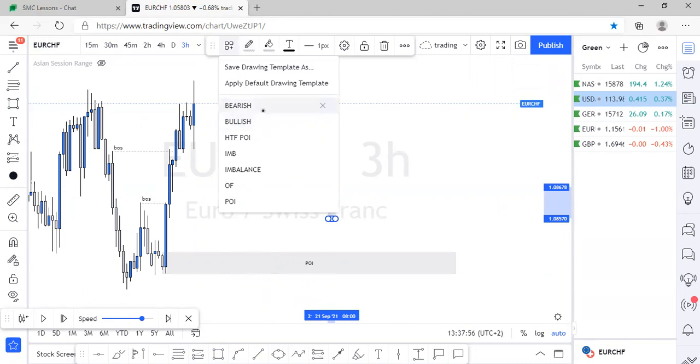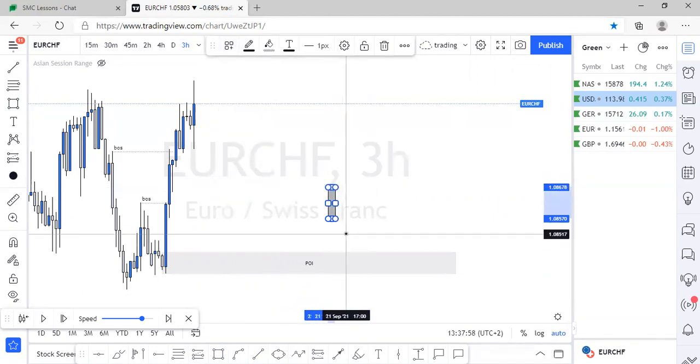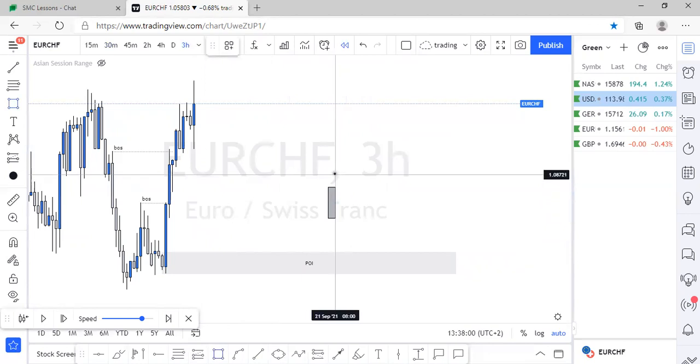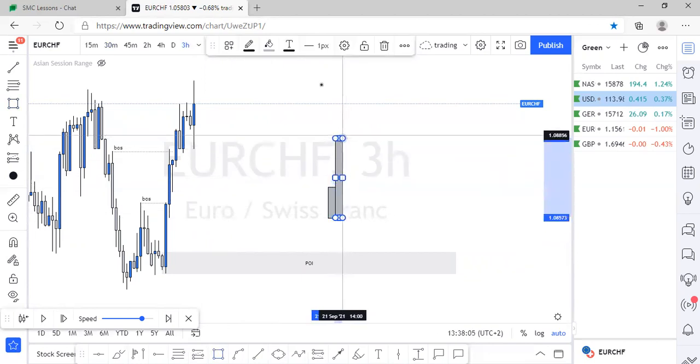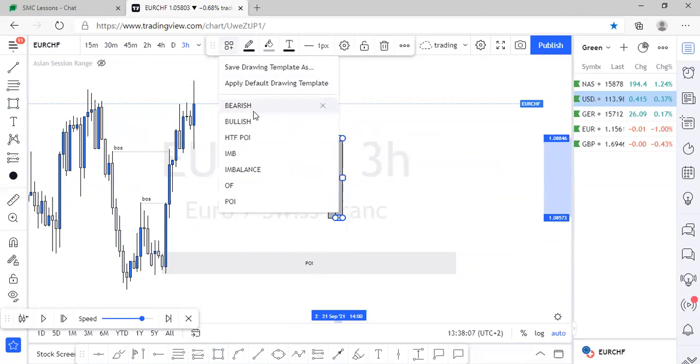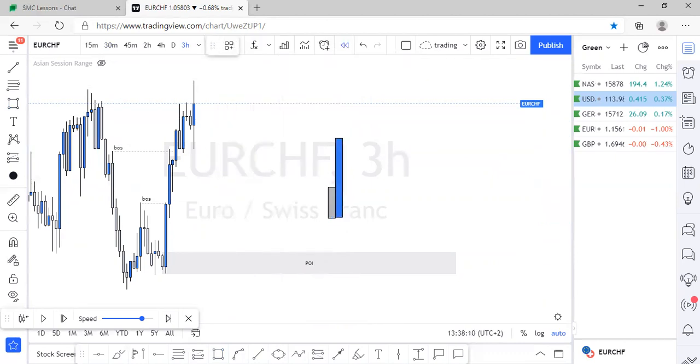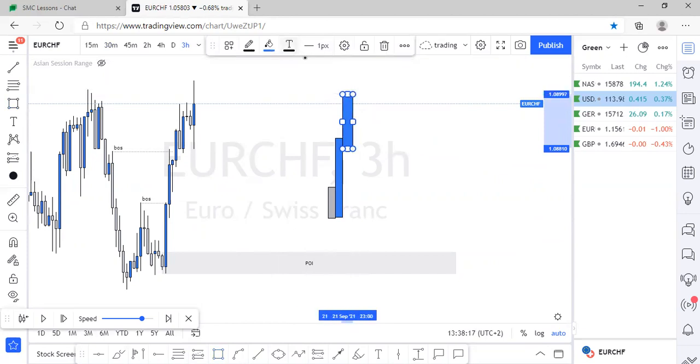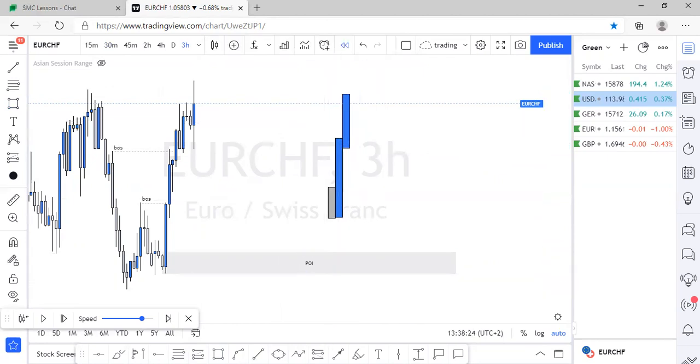Okay, let's just say this is a bearish candle. So this is our order block, followed by this bullish candlestick, and then there is another bullish candlestick following thereafter. So now, what is an imbalance? This is an imbalance.